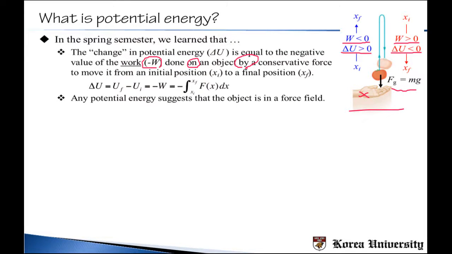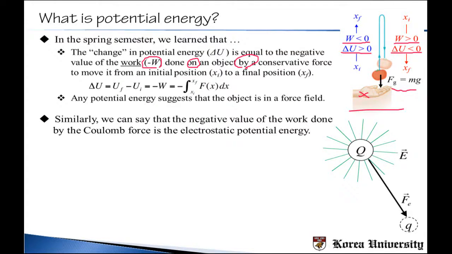Okay, so likewise, any potential energy or its change suggests that the object is in some kind of force field, right? And the situation of the Coulomb force is the same. Suppose there is a positive charge here, giving off this electric field, and you have another positive charge very close to it, then there will be a Coulomb force working like this.